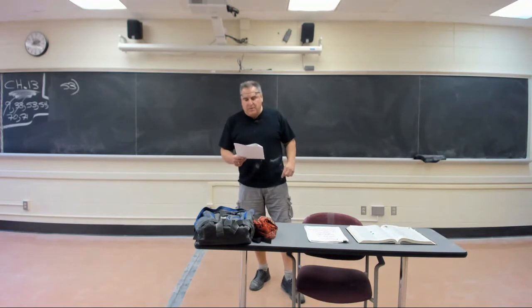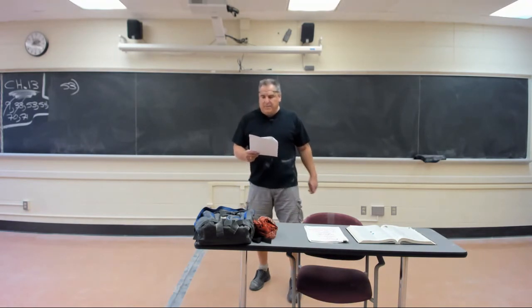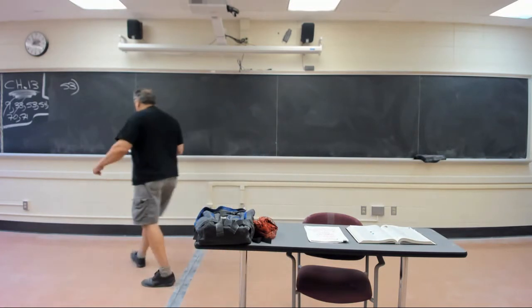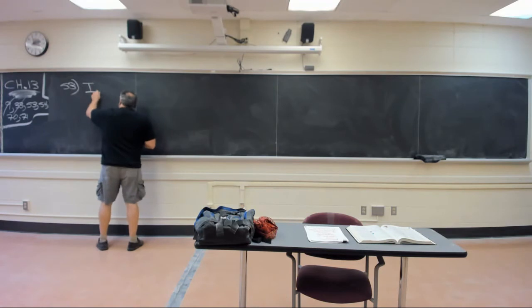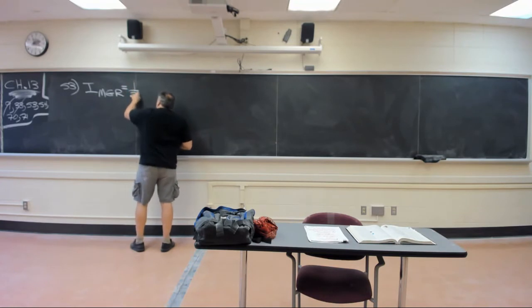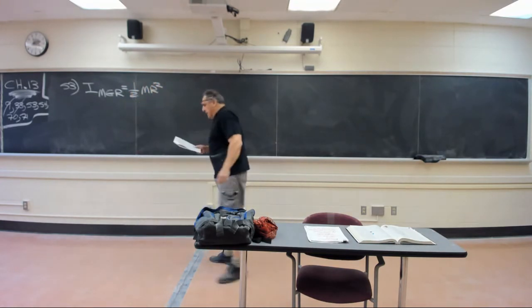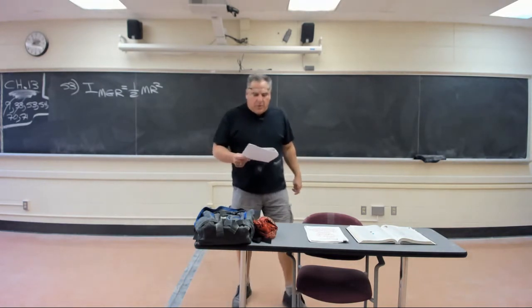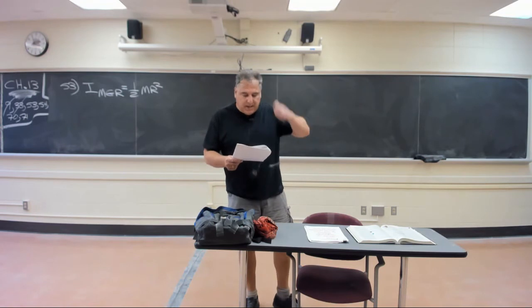They want us to model the merry-go-round as a disk. The moment of inertia of the merry-go-round is 1/2 mr squared according to what's in the book. And again, there are derivations of this. I think I gave a derivation of that as well, you guys. We don't need to really explore that right now. Just know that for right now, 1/2 mr squared is the moment of inertia of the merry-go-round. Though that is not an obvious assumption to make, that's the assumption that's being made, guys.